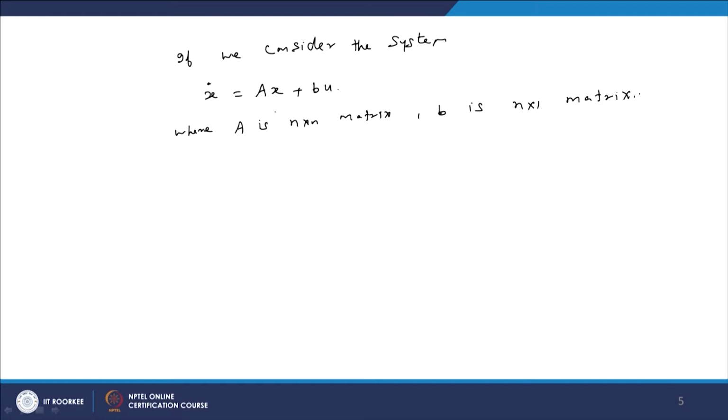So, the question is, can we convert this equation into the companion form?